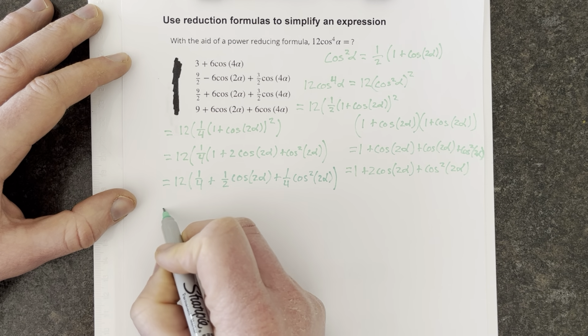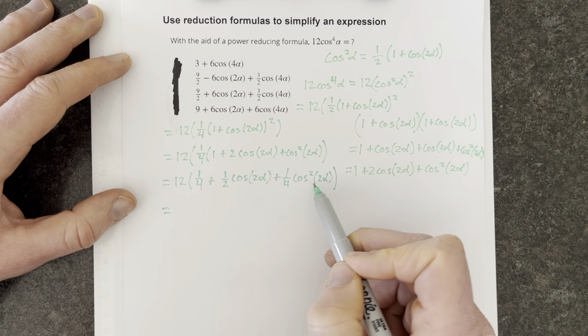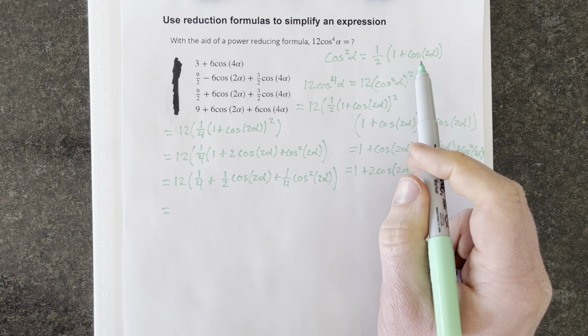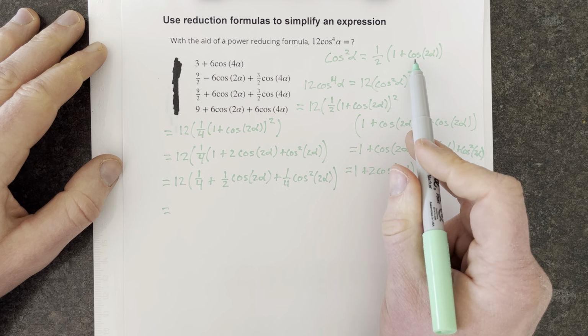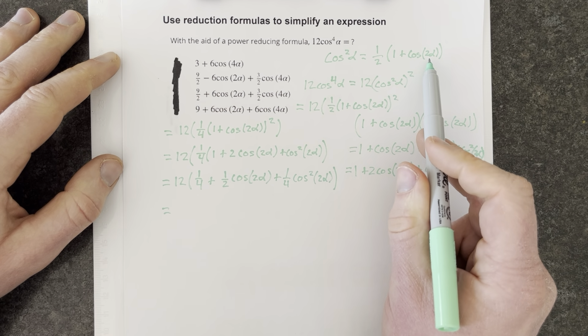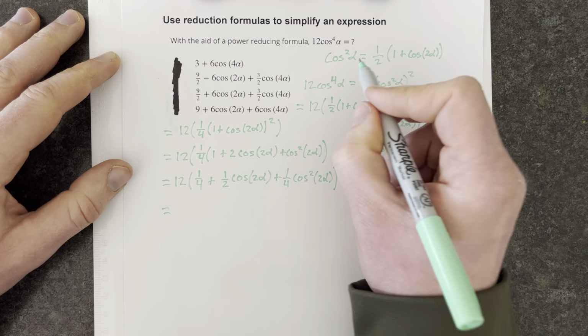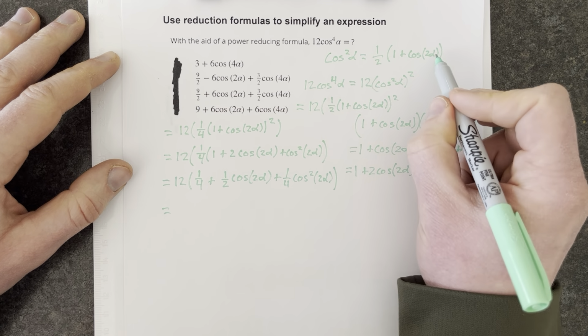Now I'm going to apply the formula to this cosine squared 2 alpha. I already know that cosine squared of alpha would equal this piece here. So cosine squared of 2 alpha is going to equal 1/2 times 1 plus cosine of 4 alpha. If I just put a 2 right here, that would change this value.